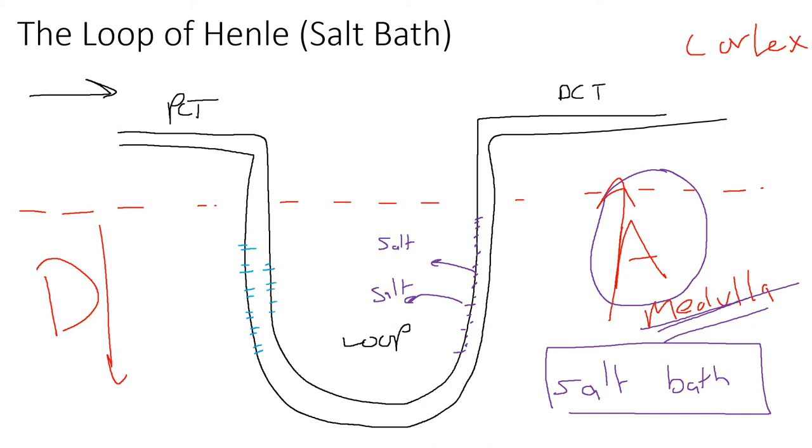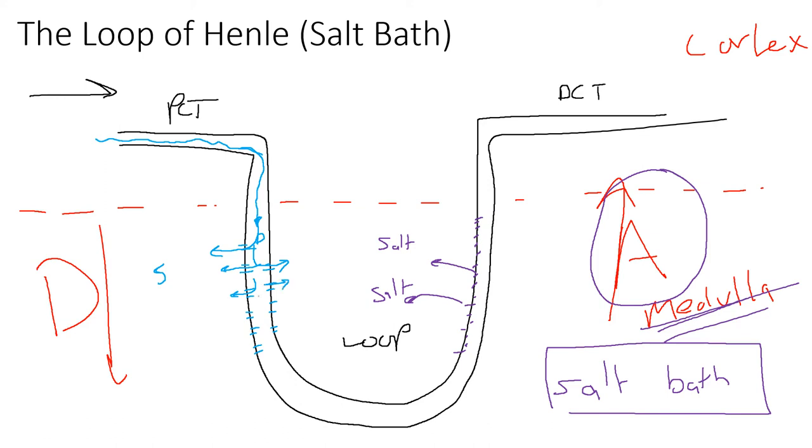Now if you were water travelling down the descending portion of the tubule, you've gone through reabsorption, you're still in the filtrate, you're coming down into this salty area. What's going to happen to this water? Well, you're not wrong in thinking that this is very dilute and this is very concentrated. So this is really salty in the medulla. So what that does is it draws the water out through these aquaporins into the medulla.